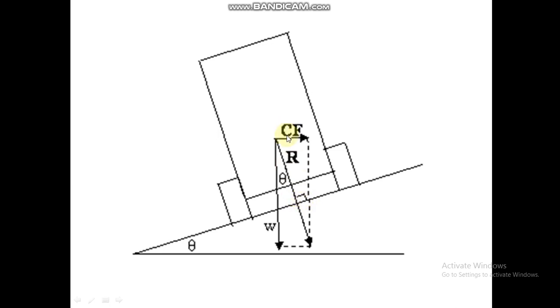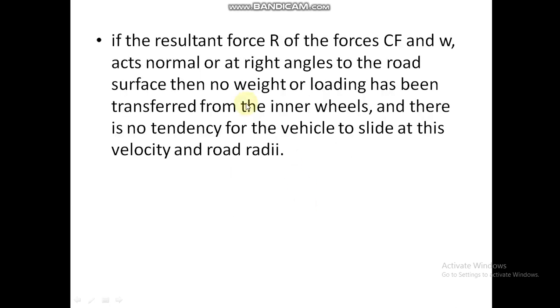It means if the resultant of centrifugal force and weight of the vehicle, which is R, is perpendicular to the road surface, then your vehicle will not slide either towards the left side or towards the right side. Your vehicle will be completely stable. The condition is that the resultant of the centrifugal force and weight of the vehicle should be perpendicular to the road surface.